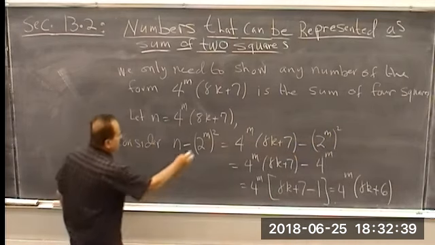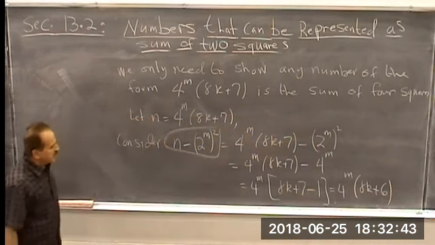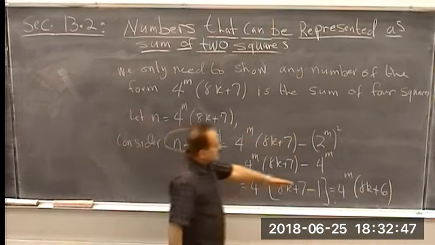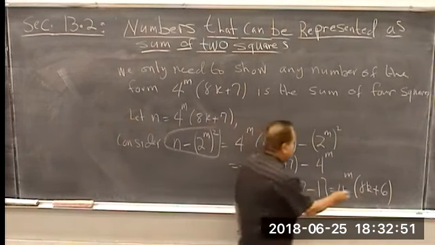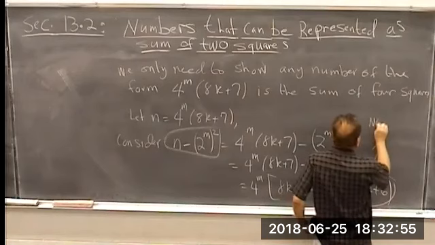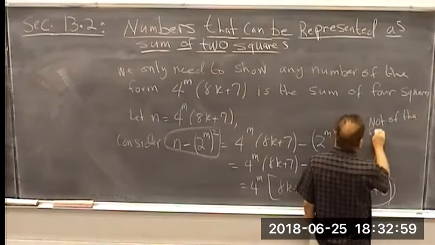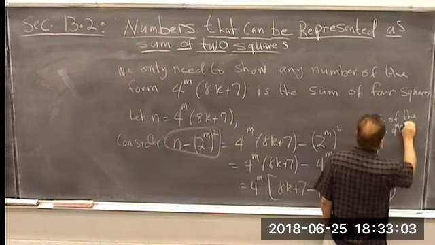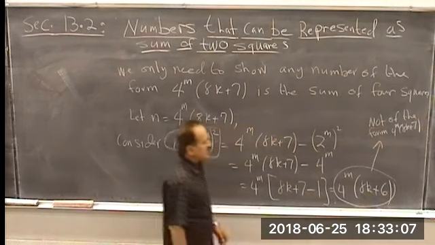Now, this new number here, which we obtained by subtracting from n this 2 to the m squared, is not of the form 4 to the m (8k plus 7), because it is of the form 4 to the m (8k plus 6), right?